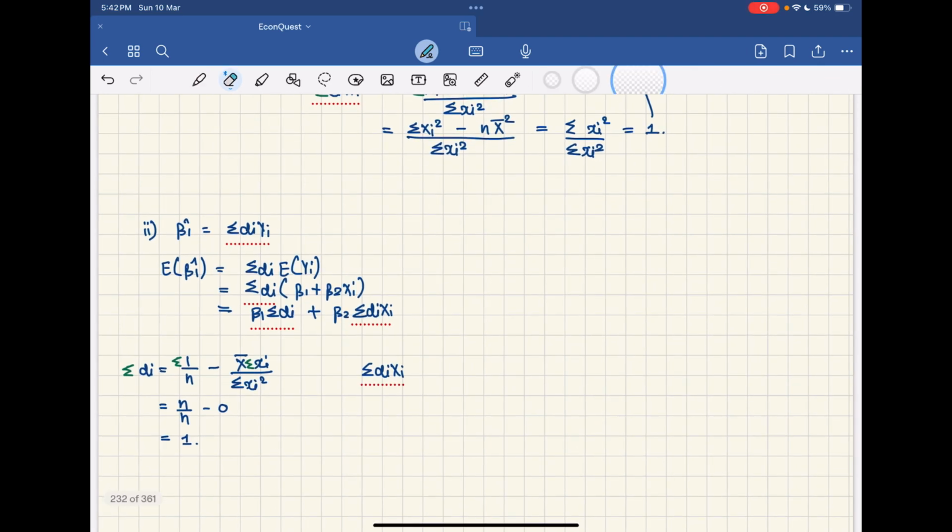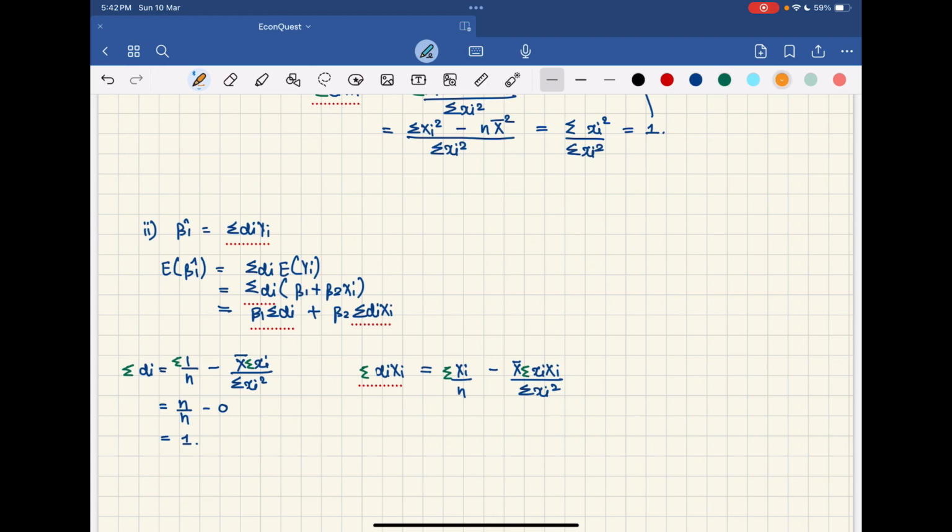Let's first calculate di xi. It is equals to xi divided by n minus x bar xi times xi divided by sigma xi square, right? Let's take the sum. Right.